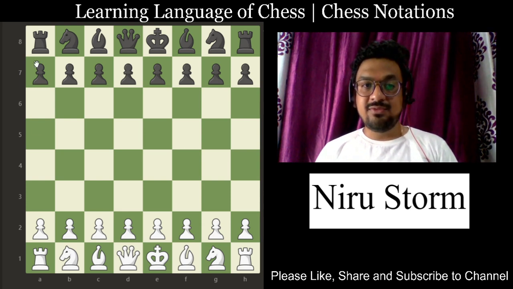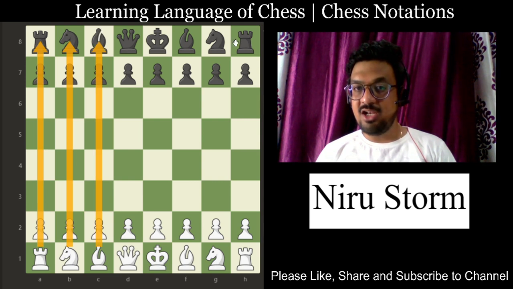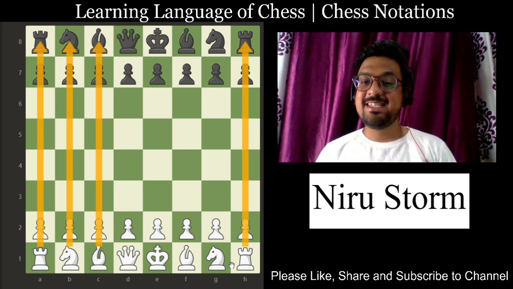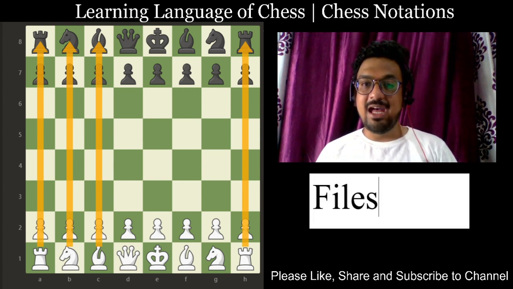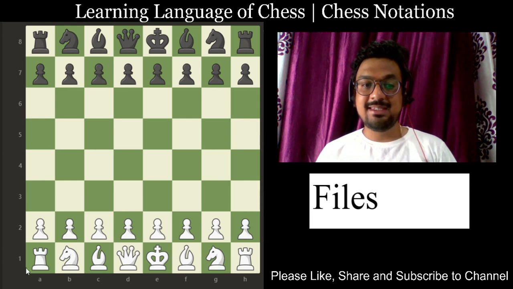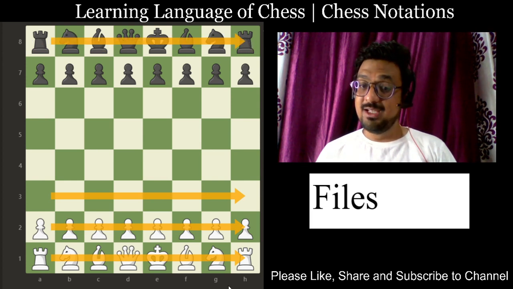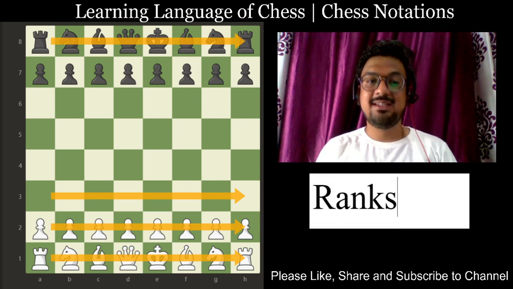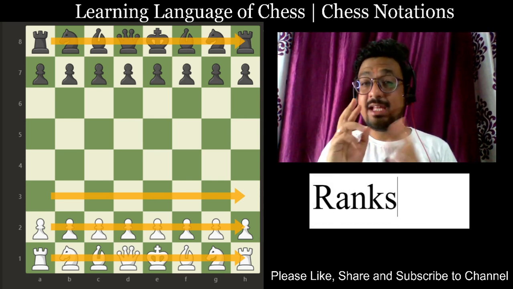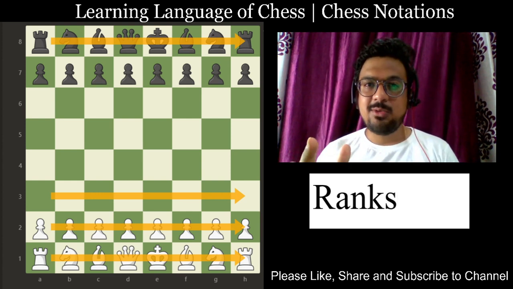Each of these A, B, C to H columns are called files, whereas each of these 1, 2, 3 towards 8 are the rows, which are called ranks in chess.